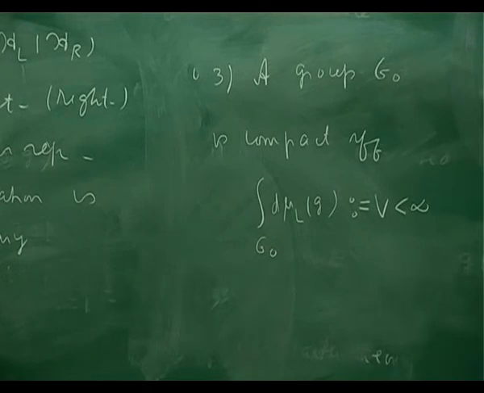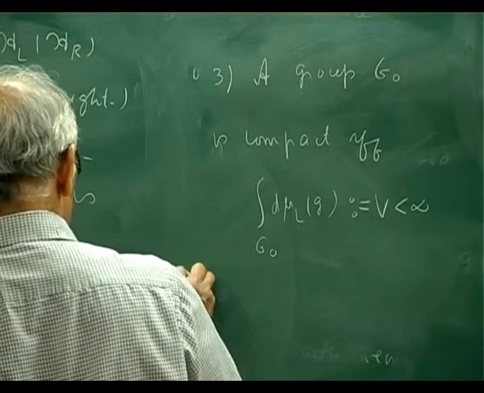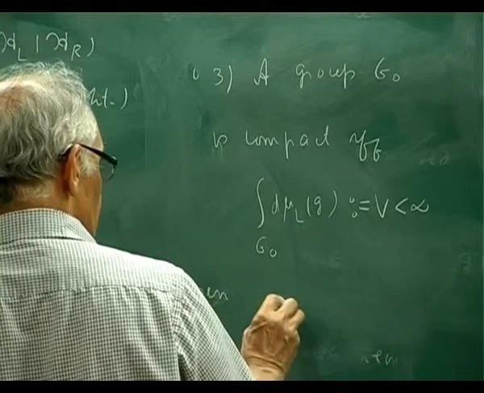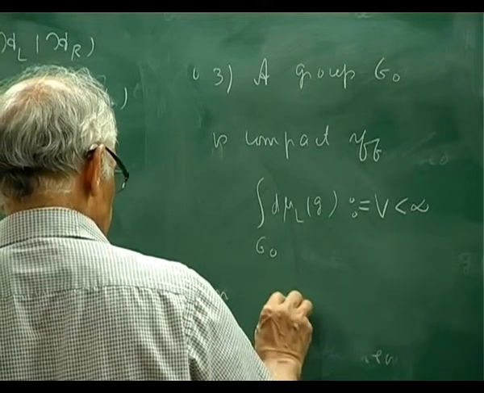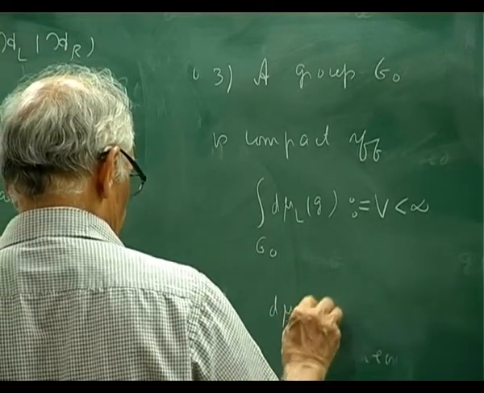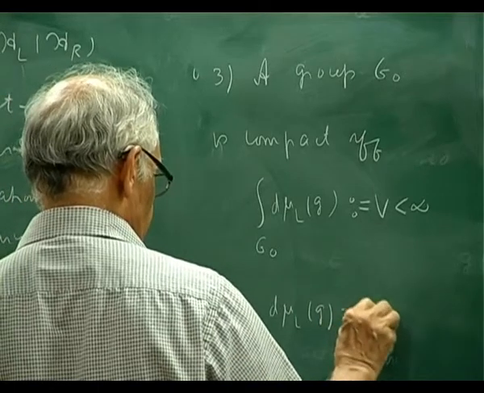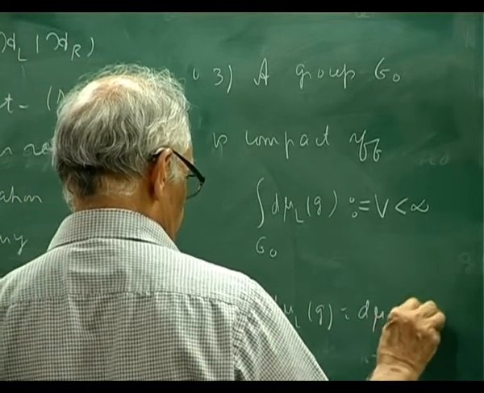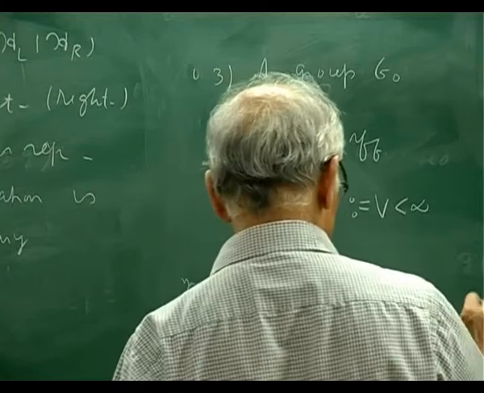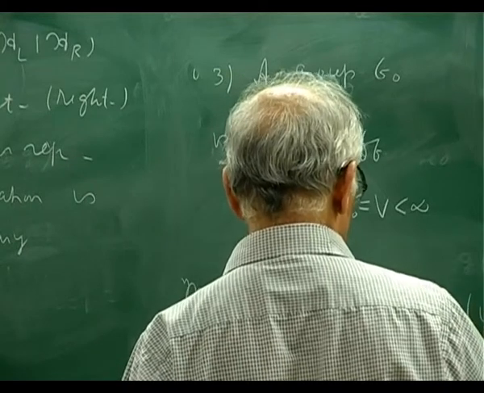So you don't need topology. You can integrate, and the volume is finite, the group is compact. In this case, then, we can also say d mu L of G is d mu R of G up to constants.